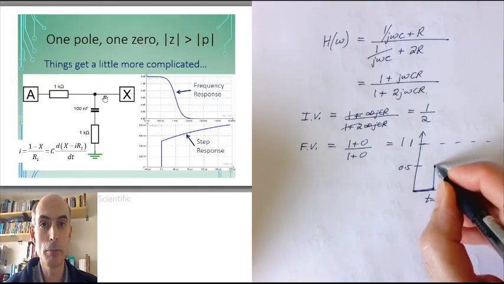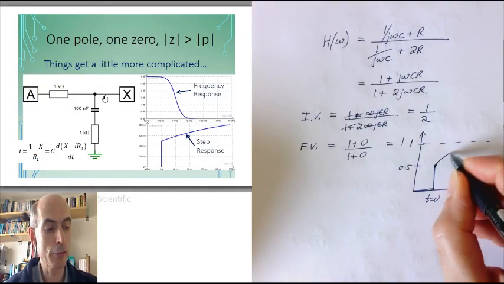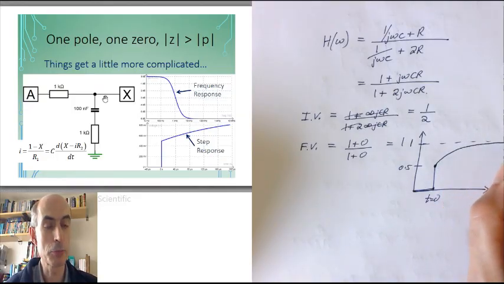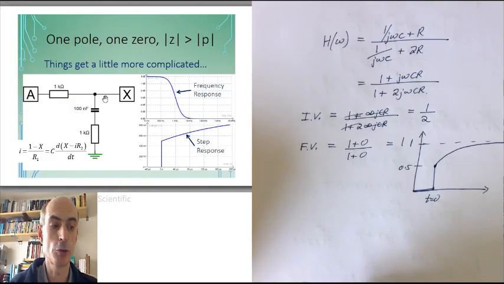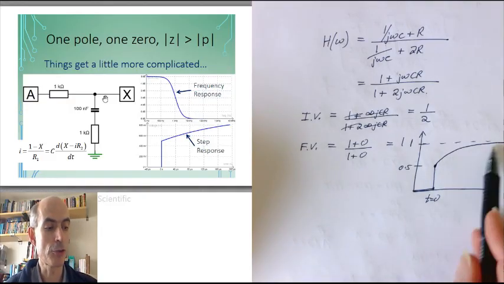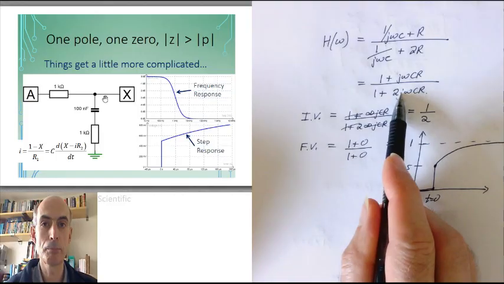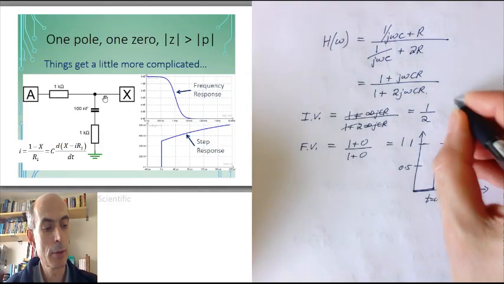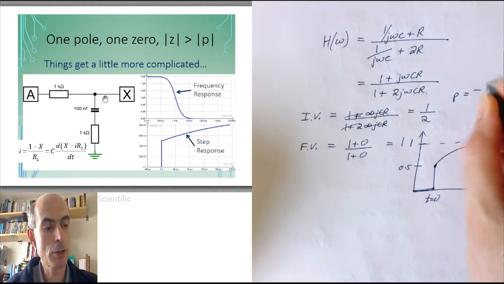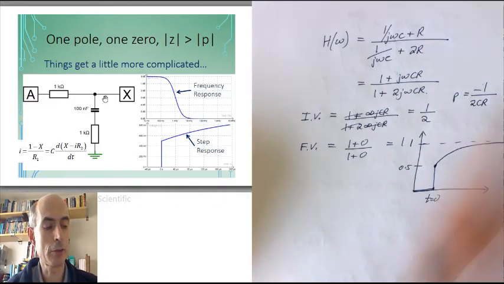It's going to move between the initial value and the final value with a single time constant, because it's a first order response, and the time constant is given by the pole. The pole in this case is going to be at minus 1 over 2CR, radians per second.